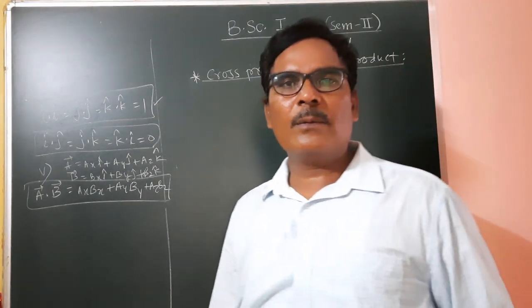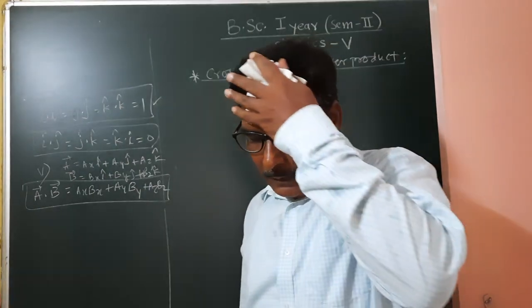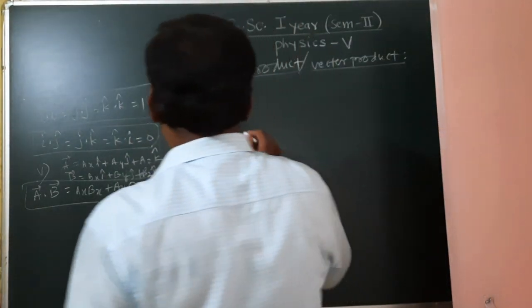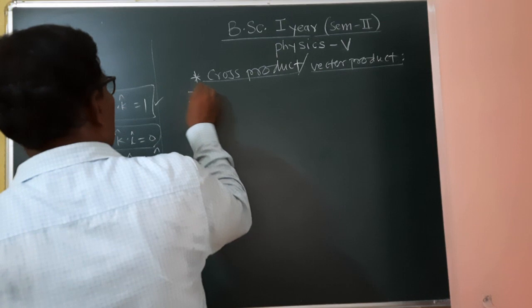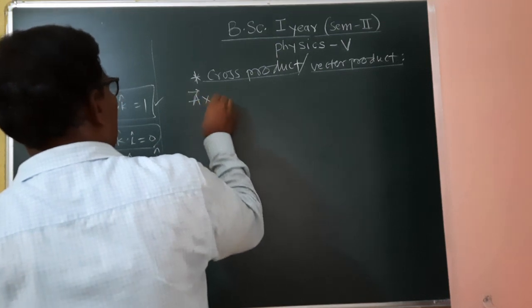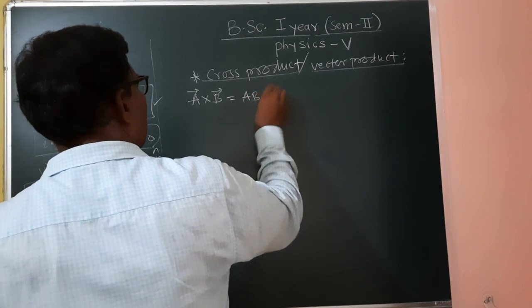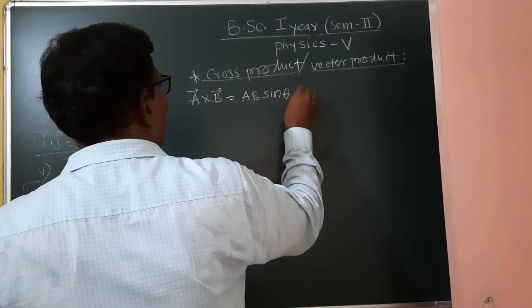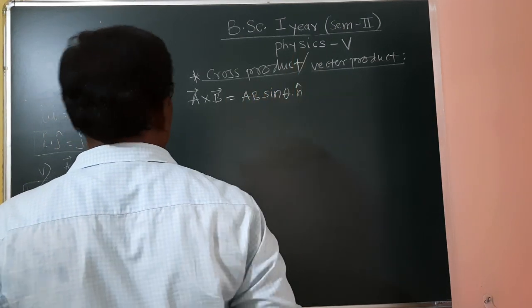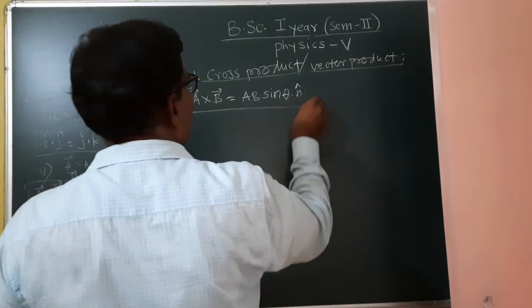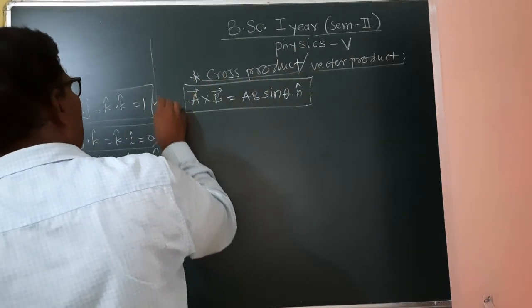In the cross product, we have to write that, first of all, A bar cross B bar is equal to AB sine of theta into n cap. Definition.